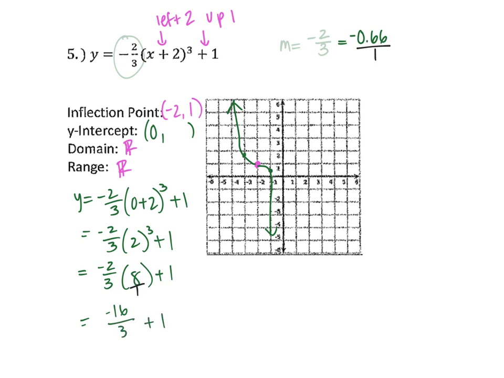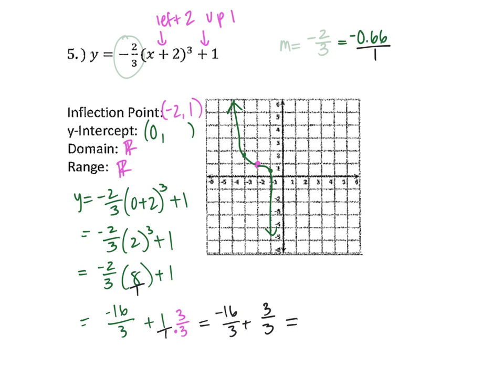And so if I'm working this out, I can't add these two directly because this is not a fraction, so I can put this over 1 first, this 1 over 1. But then the denominators are not the same yet, so I have to multiply this 1 by 3 and the top by 3. If I decide to make the bottom a 1, I have to multiply the top by 1. So if I multiply this all together, I'm going to get -16 over 3 plus 3 over 3.